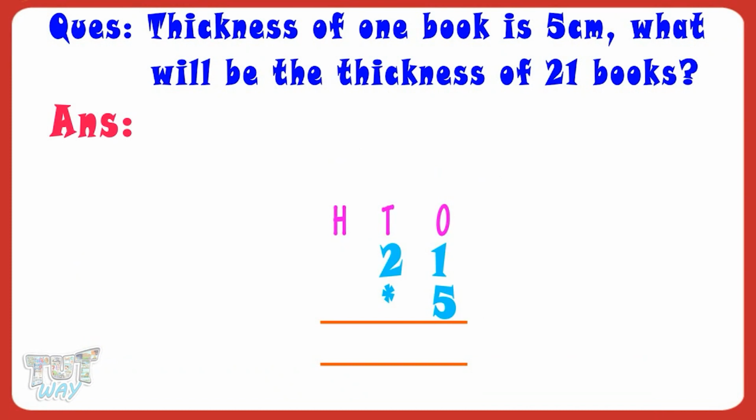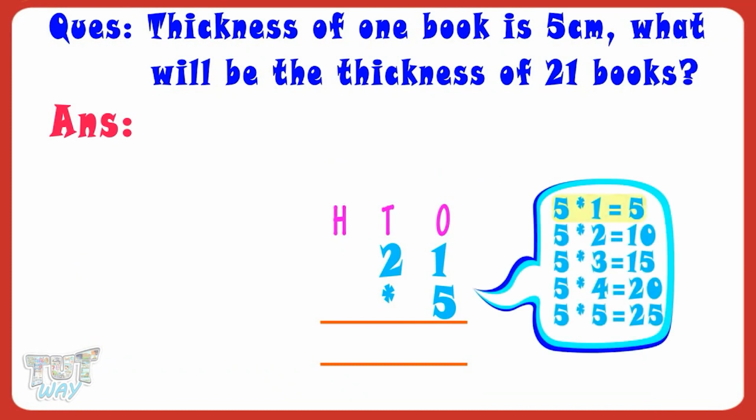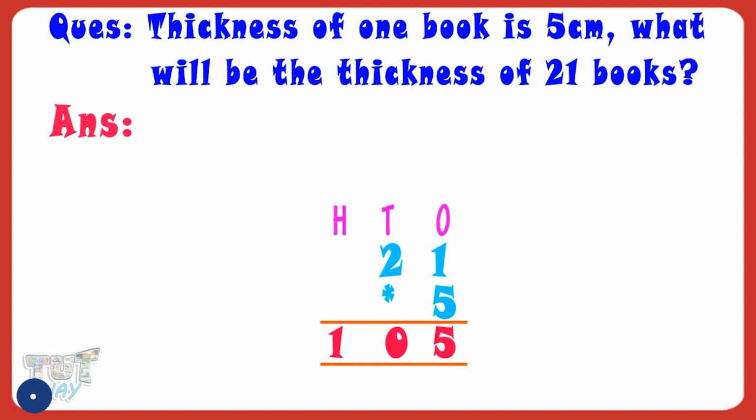What is 5 multiplied by 1? It is 5. So write 5 in the answer at 1's place. Now, what is 5 multiplied by 2? It is 10. So write 10 in the answer. So our answer is 105.